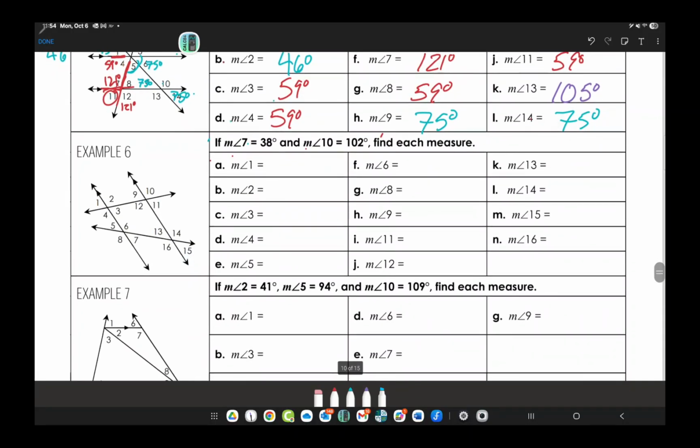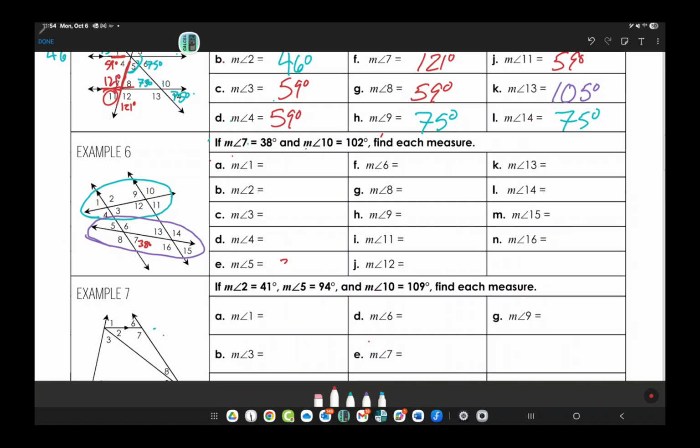Okay. Now, we can do question 6, though. Here's the thing. Only 2 lines are parallel, which means only that set and this set will have a relationship between each other. So if I know that angle 7 is 38 degrees, that means every acute angle in this purple section will be 38 degrees.